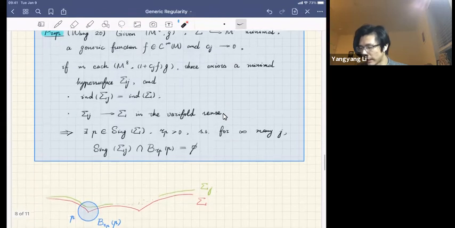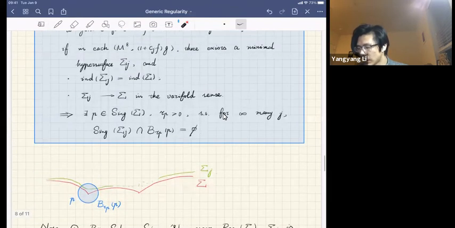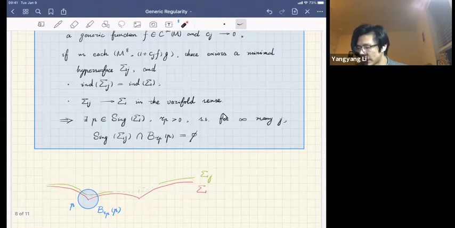In other words, as one can see in this picture, if we're given a sigma and also a sequence of sigma_j converging to this sigma, then we can find a singular point p such that sigma_j is smooth nearby. So we will see a smooth patch in this ball.